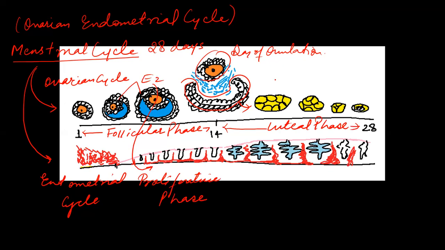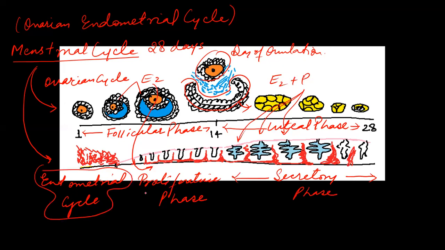After ovulation, the corpus luteum releases two hormones, that is estrogen and more progesterone. So this progesterone will cause secretory changes in the endometrium. So this phase is called the secretory phase.